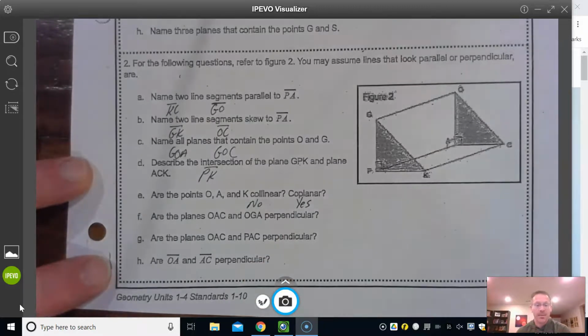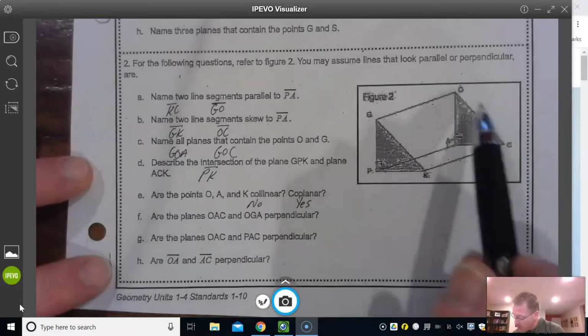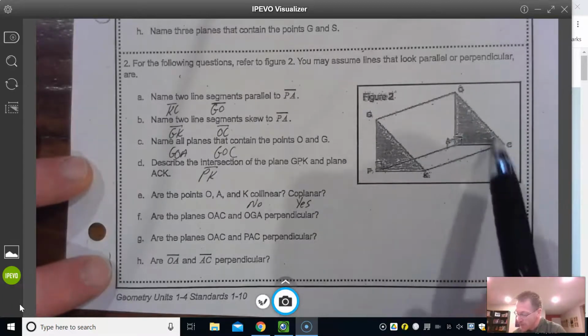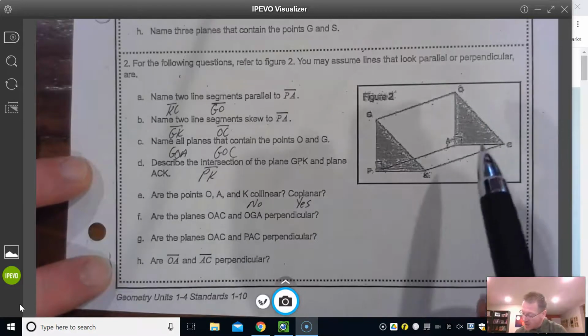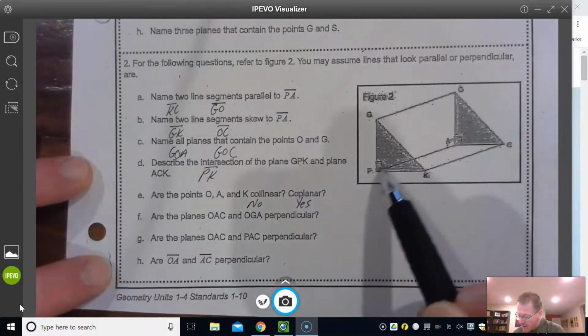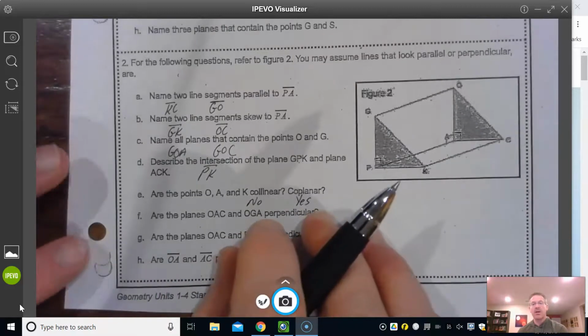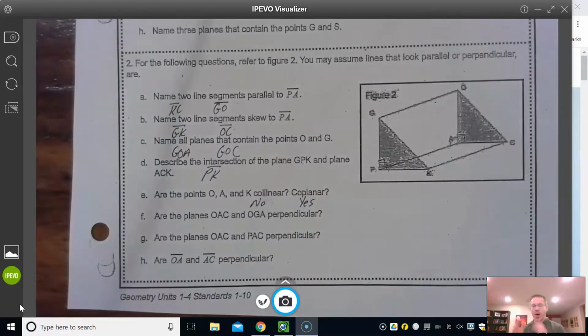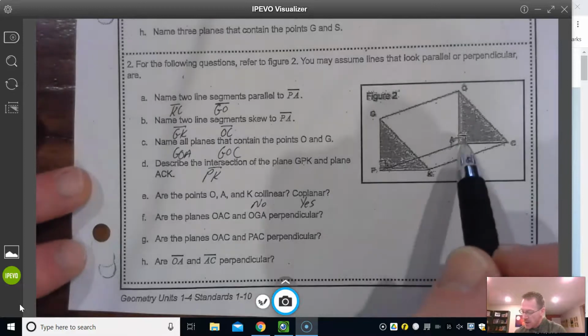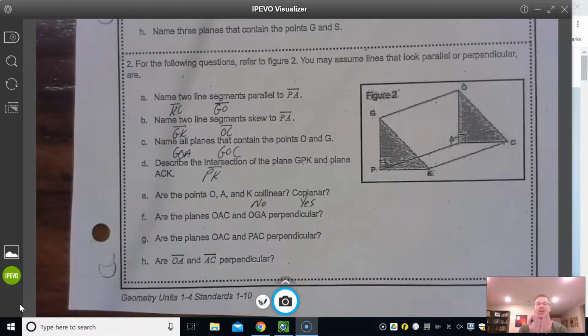All right. Our planes are OAC, so OAC is this right side here, and OGA is the back here, are they perpendicular? And we can assume so, right? It looks like they are, and we have some right angle markings here, right? So it looks like they join, and really we're not trying to fool you, so if it looks like they're perpendicular, they typically are, right?